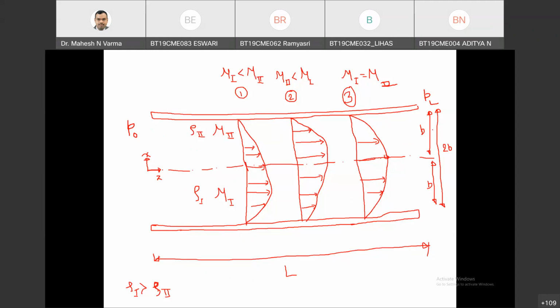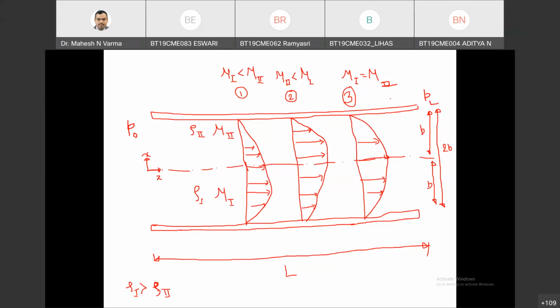So if mu1 is less than mu2, less resistance to flow is offered by mu1 and there will be the maximum velocity in phase 1. If mu2 is less than mu1, less resistance is offered by liquid 2, and hence the maximum velocity will be in phase 2.